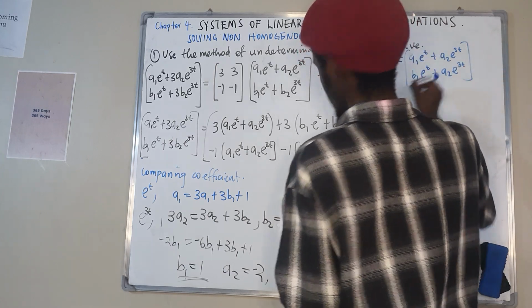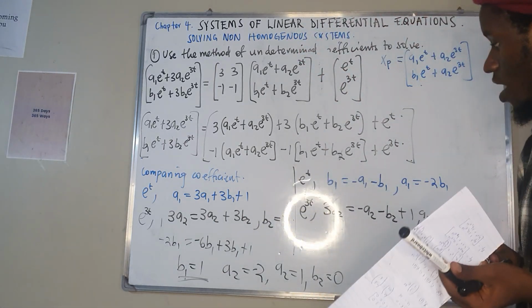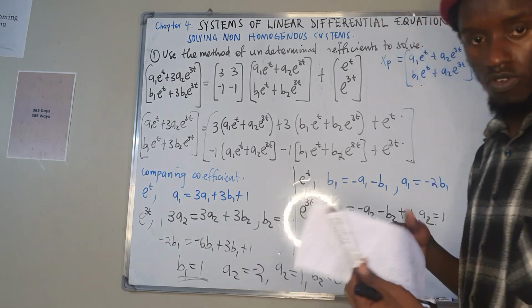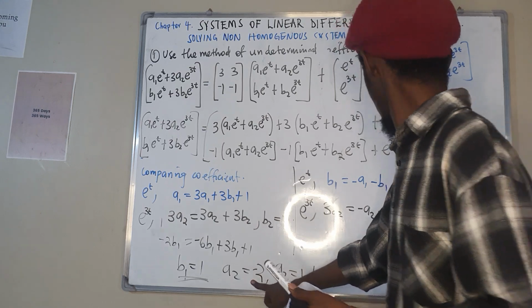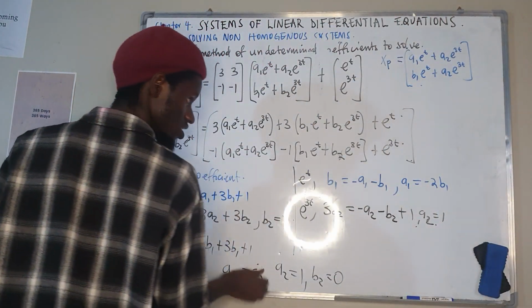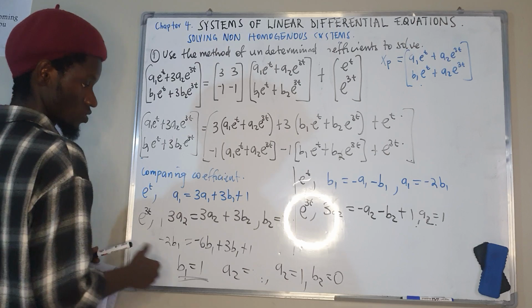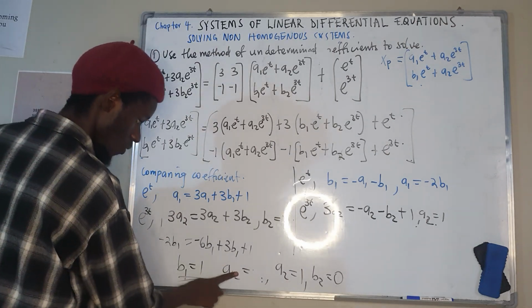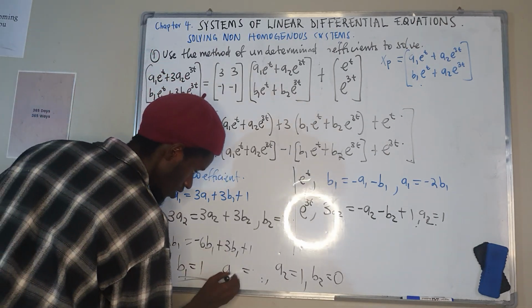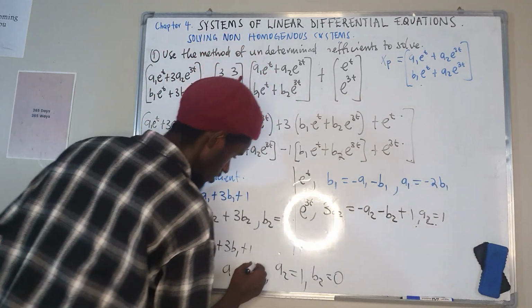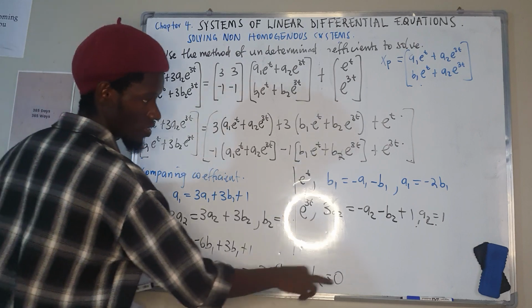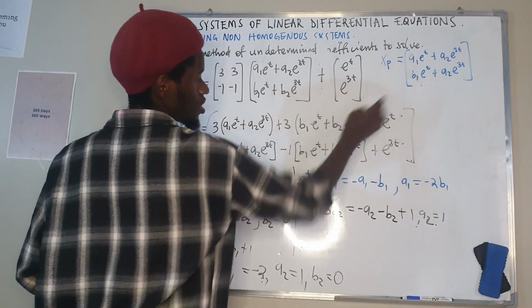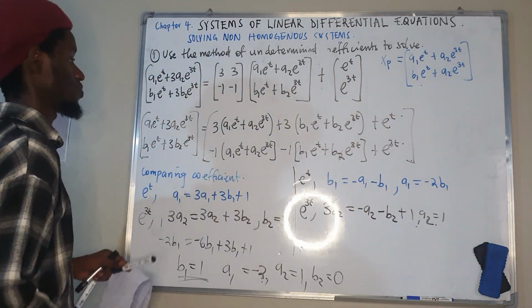Now I've got different values of A1, A2, B1 and B2. A1 is negative 2, A2 is 1. If I place them back into this equation, I'll be able to get my xp.